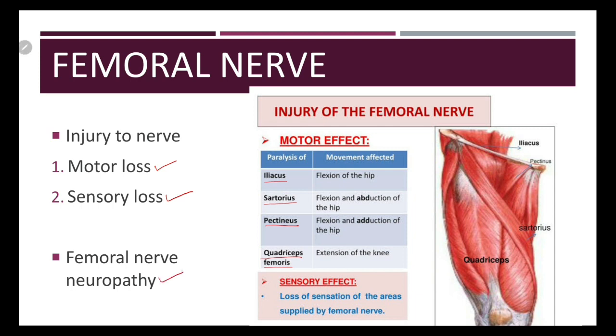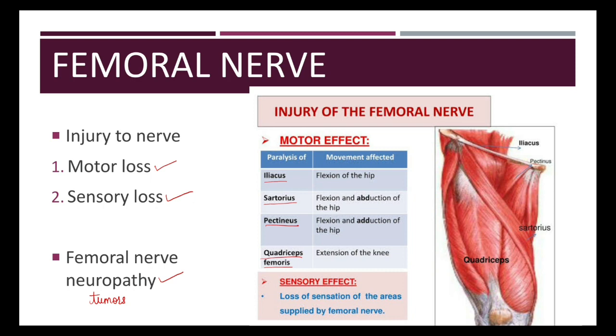The main trunk of the femoral nerve is not subject to entrapment neuropathy, but it may be compressed by retroperitoneal tumors. A localized neuropathy of the femoral nerve may occur in diabetes mellitus, and the following are characteristic features: wasting and weakness of quadriceps leading to considerable difficulty in walking, and pain and paresthesia on the anterior and medial aspects of thigh.